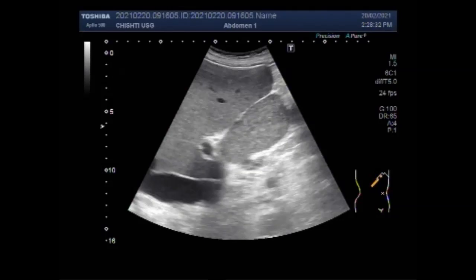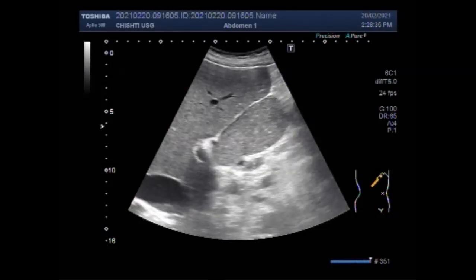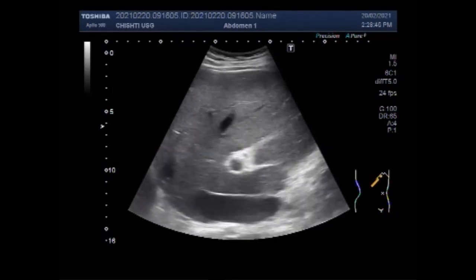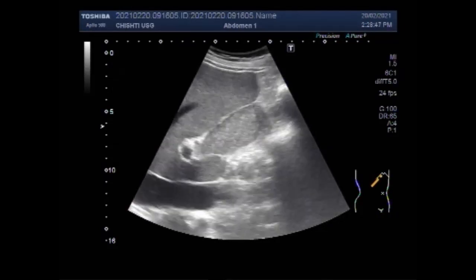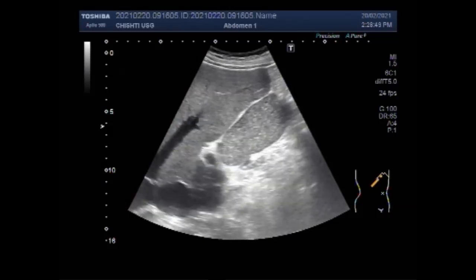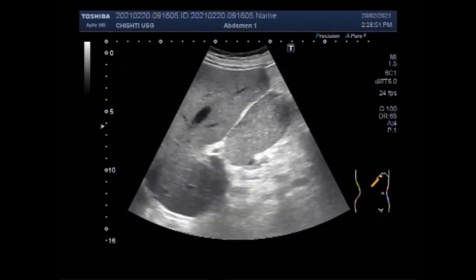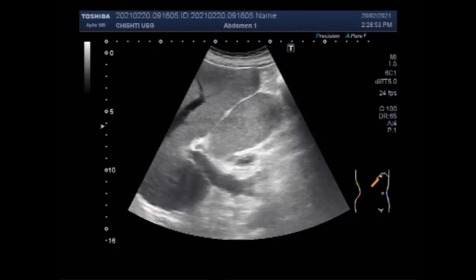Now you can see the patient is lying in the side-on position. And again in this position you can see the gallbladder, more or less the same picture as was seen in the supine position. Ultrasound uses sound waves to produce pictures of the gallbladder and the bile duct.